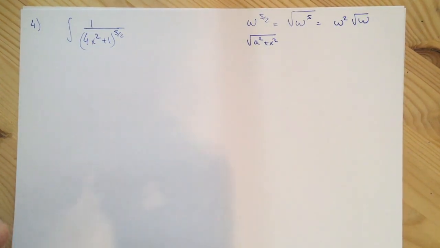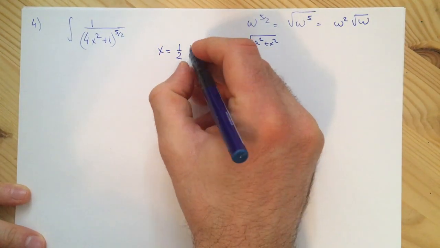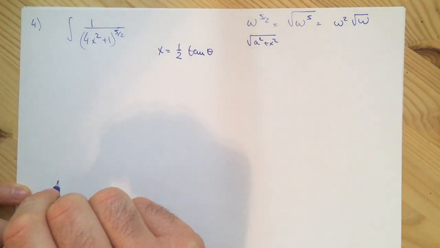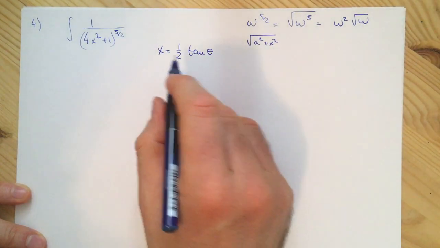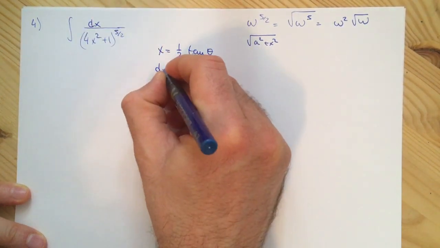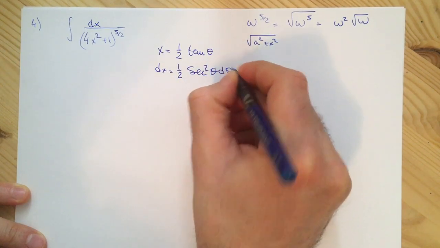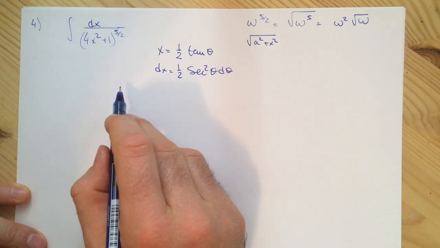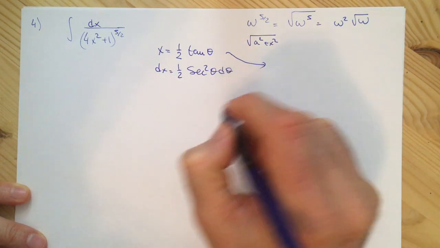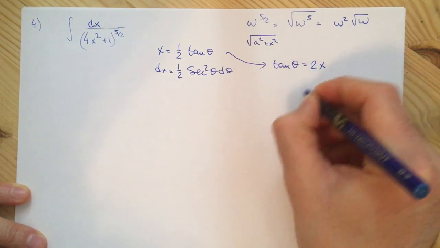If you follow that logic, x is equal to 1/2 tangent of theta. Find the derivative in order to find dx. So dx is equal to 1/2 secant squared theta d theta. Okay. From here, let us figure out what the triangle is. So tangent of theta is equal to 2x.